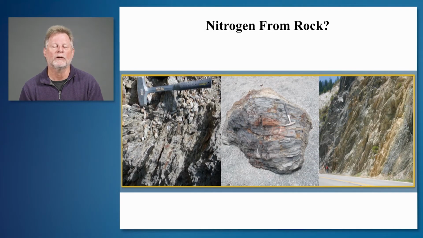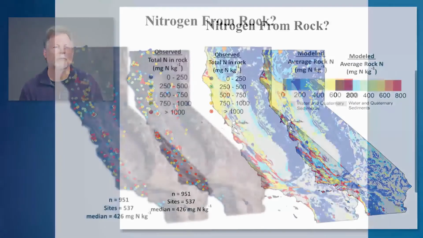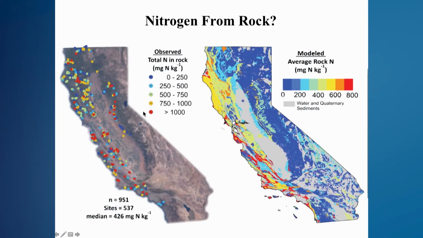Similarly, nitrogen is commonly found in sedimentary rocks in California. In a survey of nearly 1,000 rocks in California, concentrated in the sedimentary rocks of the California Coast Range, we found median concentrations of 426 parts per million in rock.